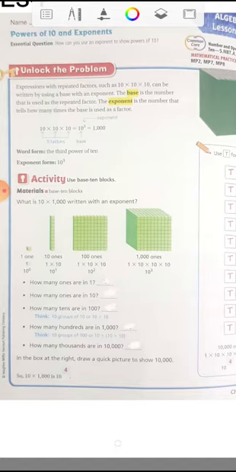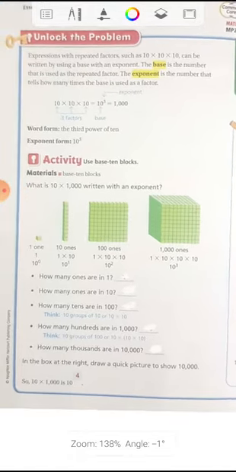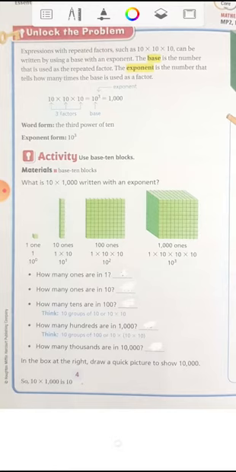There is no 10 here, so the number of repeated factors is 0. So the 10 here will be power 0 because there is no repeated factor. When 10 is with power 0, the answer will be 1. So the first question, how many ones are in 1? I have only one one, right?